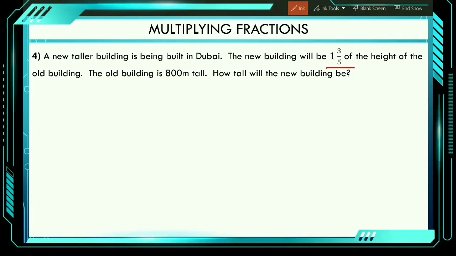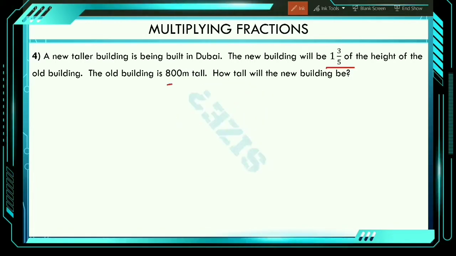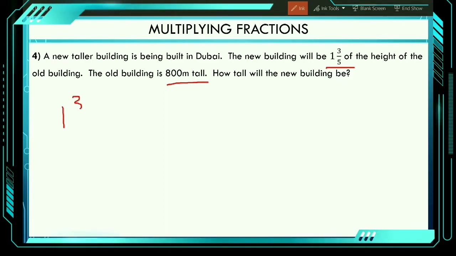So if you remember, of means to multiply. So what is the size of the old building? Well, the old building is 800 meters tall. So if you want to know how tall the new building is going to be, we need to basically do 1 3/5 of multiplied by 800.